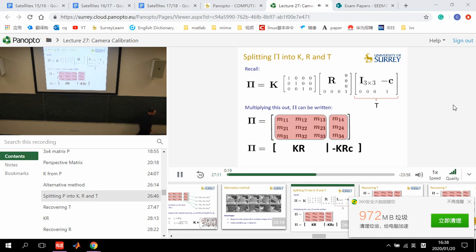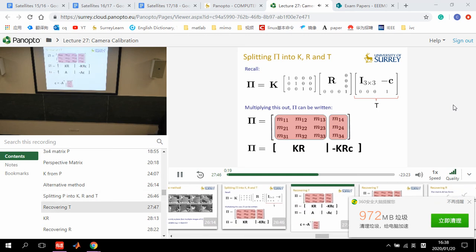Looking at the way this multiplies together, we can see that the first 3x3 section of that matrix is given to us by KR, and the final vector is given to us as negative C pre-multiplied by R and K. So immediately, just by looking at the contents of that 3x3 matrix on the left-hand side, we've got an expression for KR, which is going to enable us to recover this C, which is our translation vector.